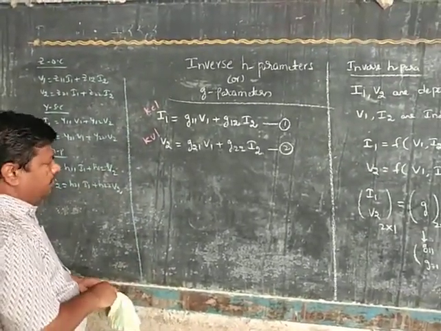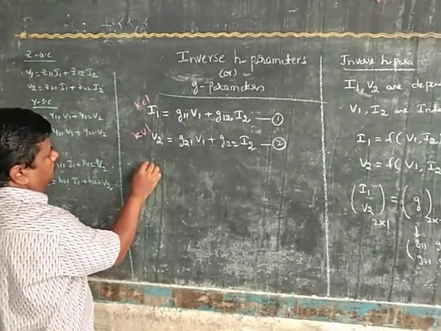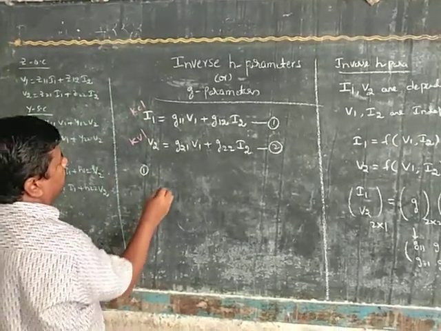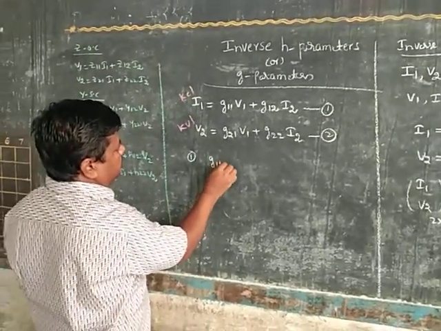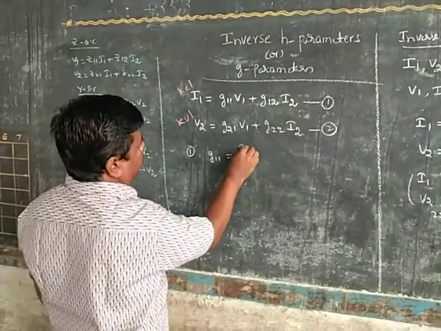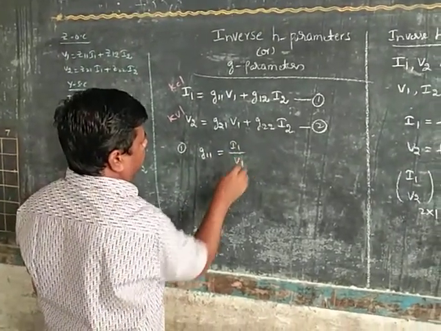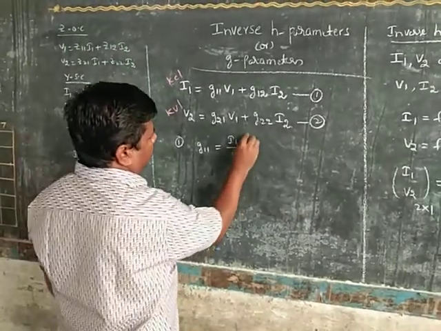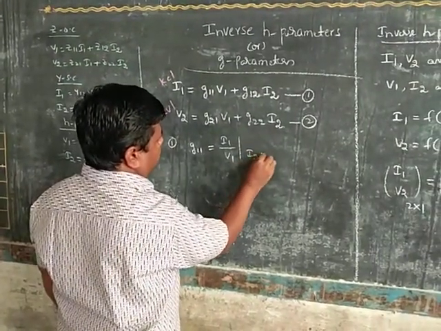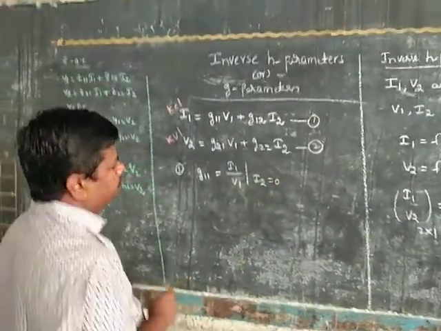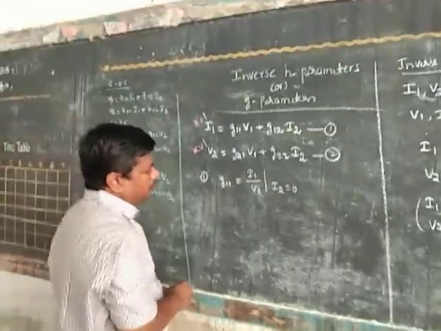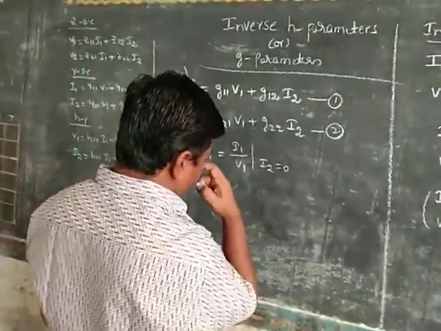Now we discuss one by one. First parameter, G11 is equal to I1 by V1 when I2 is equal to 0. I2 equal to 0 means open circuit.